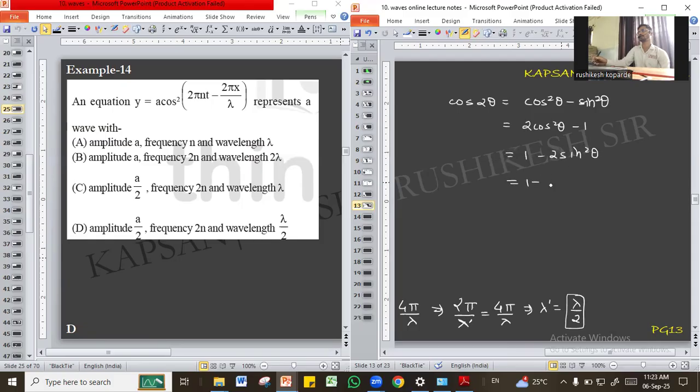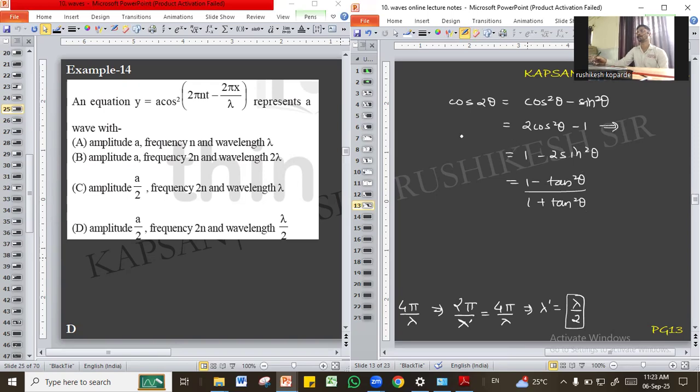And finally, 1 minus tan square theta upon 1 plus tan square theta. Out of these four, we will use the second and third formula.